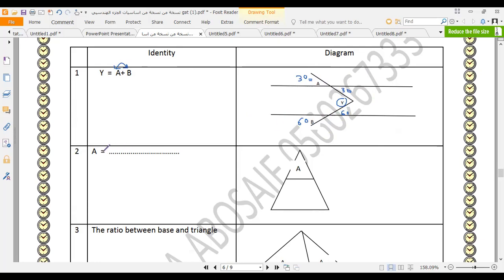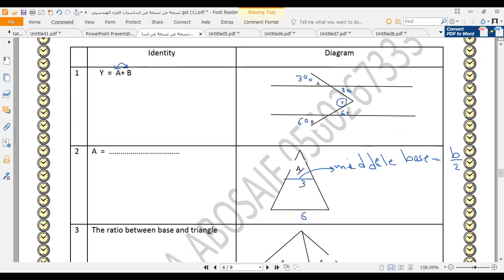The next point here: if you have a triangle and you are drawing a middle base, what is the middle base? The middle base is equal to half of the original base. So if this is 6, this is 3.